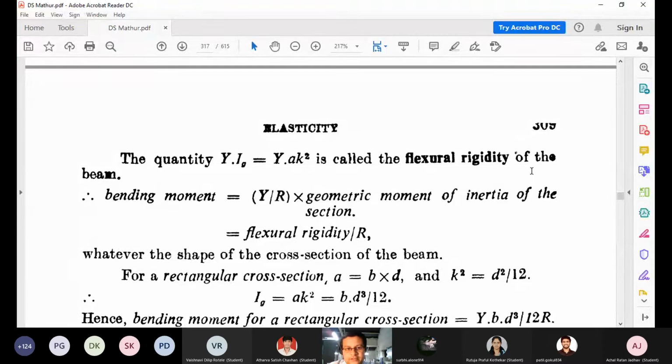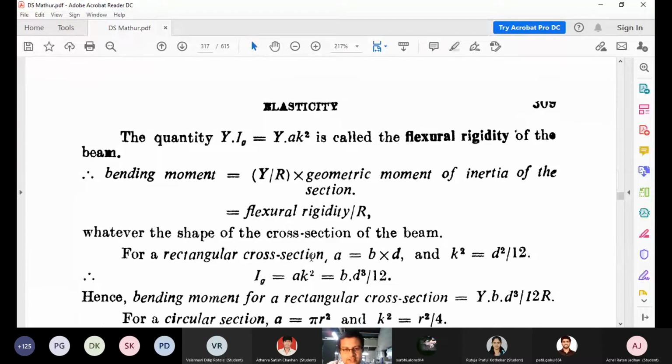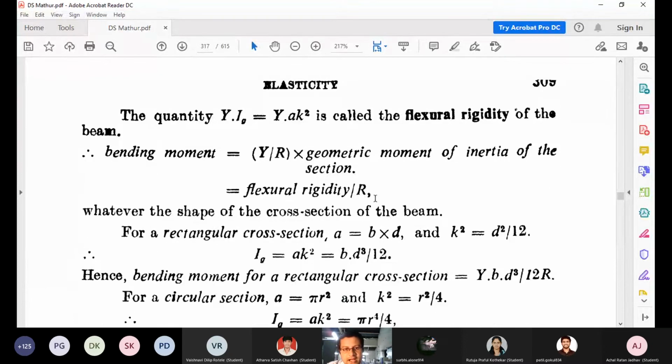So since it is the multiplication of Y with the moment of inertia, it is called flexural rigidity, and therefore the bending moment can be expressed as Y by R into the geometrical moment of inertia of this section, that is, flexural rigidity divided by R. This is another definition of the bending moment. So this bending moment is Y upon R multiplied by the geometrical moment of inertia of the section, that is, flexural rigidity divided by R over there.